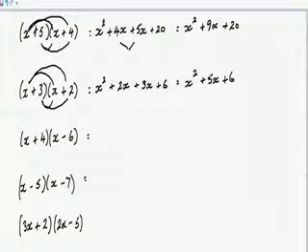So if we do the next one, we have x times x is x squared. Now we've got x times minus 6. This x is a plus.